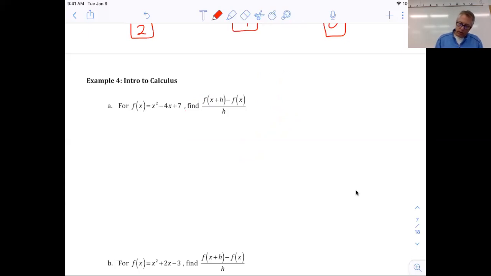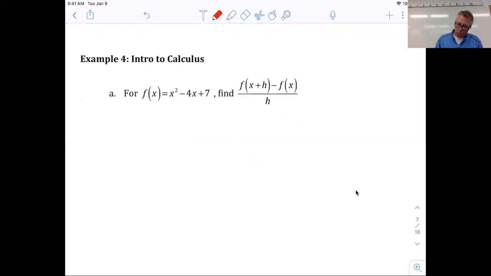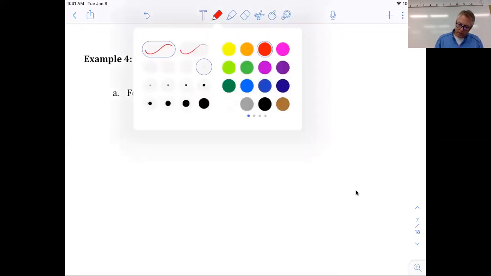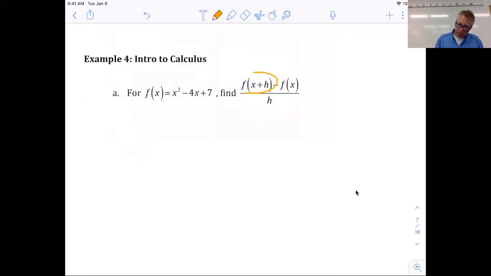All right, so here's how we're going to do it. We're going to find f of x plus h first. That means I'm going to take x plus h and plug it in for the x's, okay?